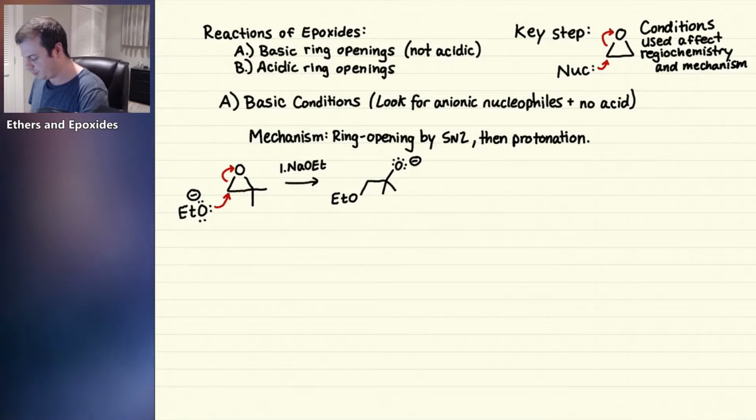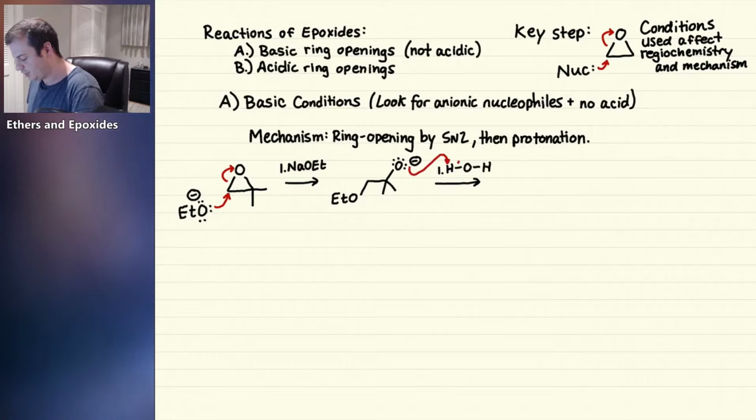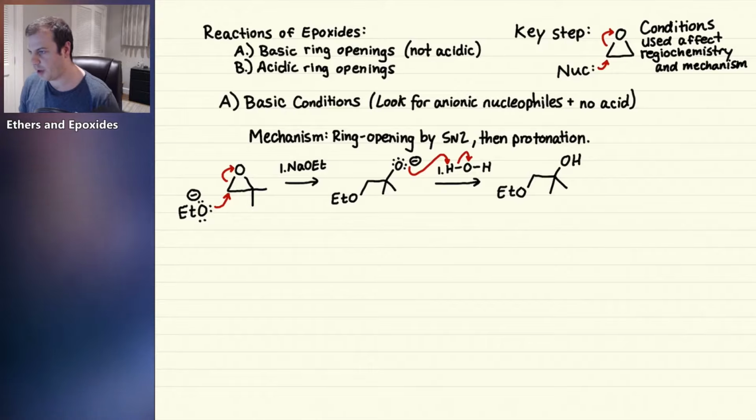Okay. Then in step 2, we're going to need to add water as a workup. So here's some H2O. And our alkoxide is going to attack the H of the water, kick electrons onto oxygen. And now we're going to have an alcohol as the product. So whenever you do a base or acid catalyzed ring opening of epoxide, you're going to find that your product is always an alcohol.